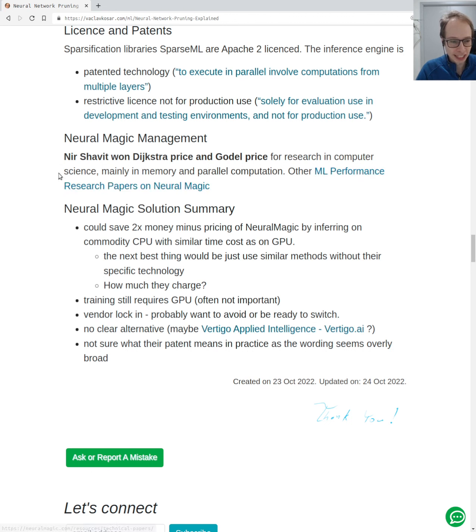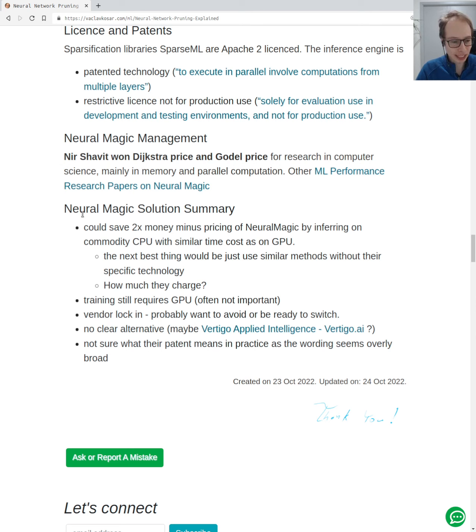Neural Magic is led by research scientists and a professor in memory and parallel computation, and also based on the paper, there seems to be definitely some kind of merit behind this solution, but I haven't investigated the pricing, the alternatives, what the patent really means, and so on.